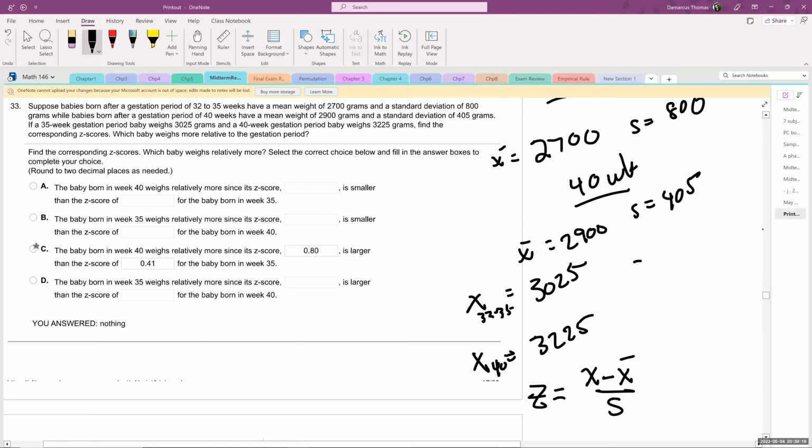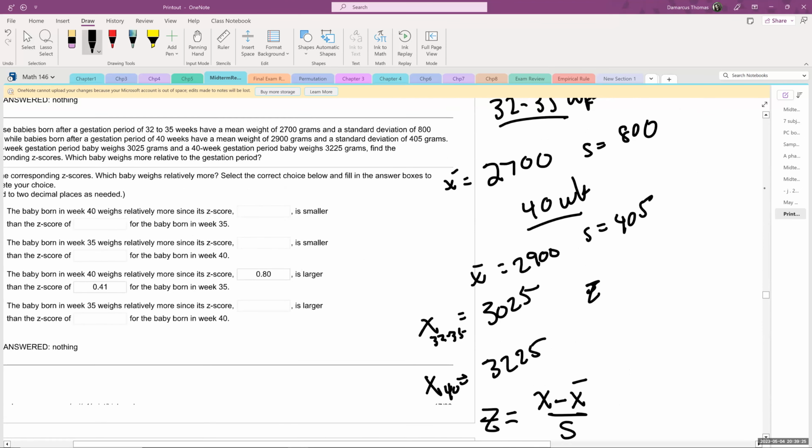So the first one, the test statistic, the z-score, would be X, which represents 3025, minus the 2,700. And now we're going to divide that difference, the difference in their weight, by the standard deviation. This will be a positive z-score because they're comparing a number that's bigger than the mean.